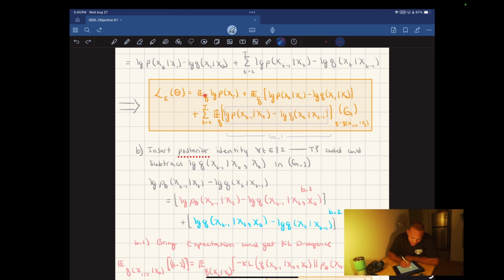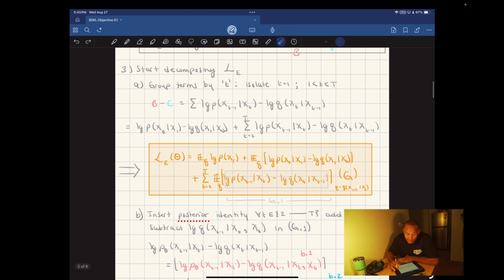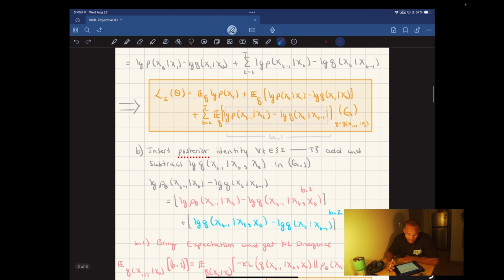And remember, Q right now is defined as this known forward process, right? So this loss is an expectation under the known forward process. Think about that, right? This loss is an expectation under the distribution of a forward process that we know. That's what allows us to do this derivation.